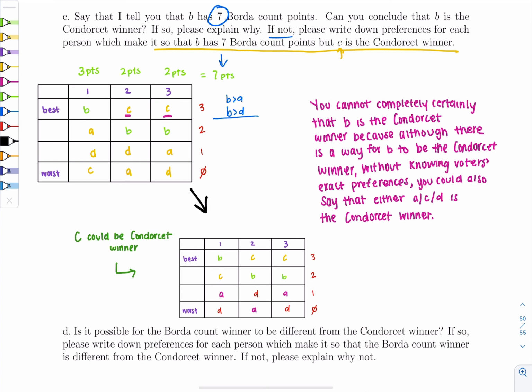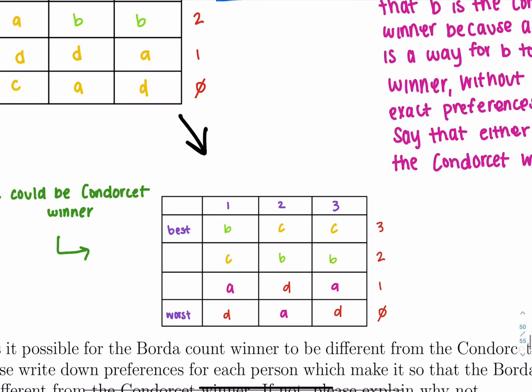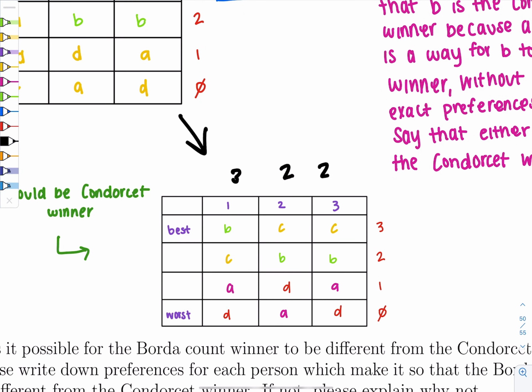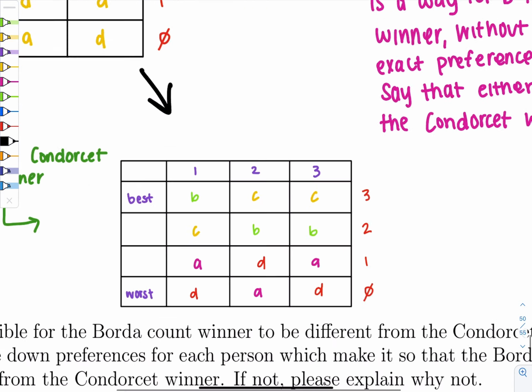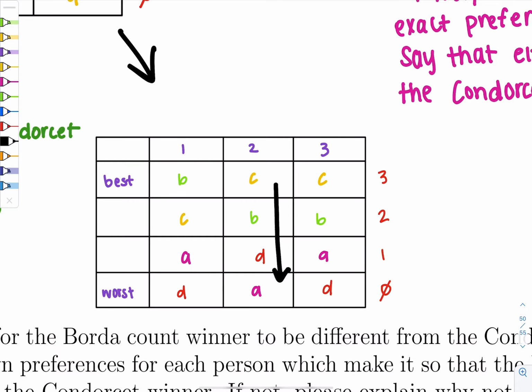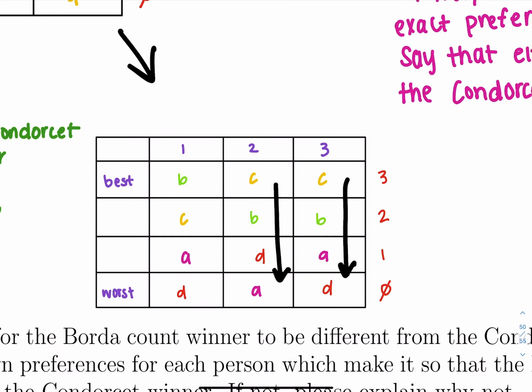In order for B to still receive 7 Borda count points, so to get 3, 2, and 2, which equals 7, C could be the Condorcet winner because C is ranked over everything here and everything here.